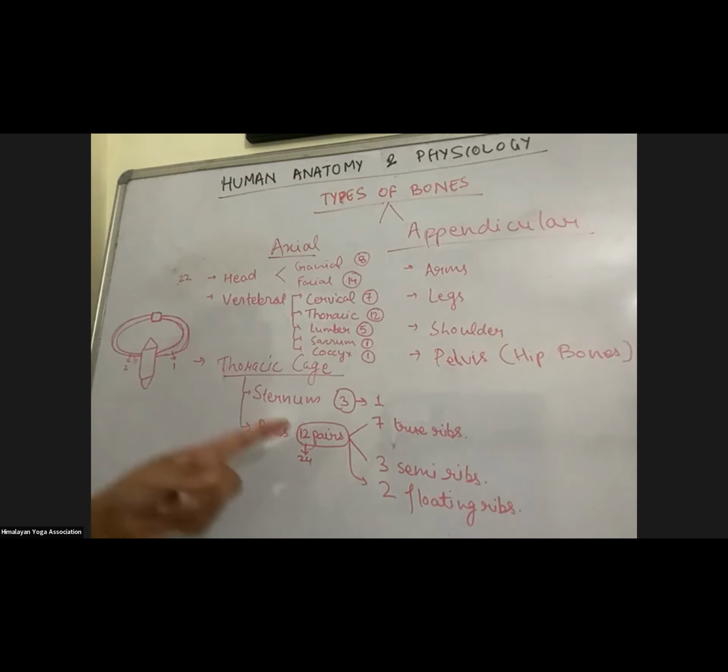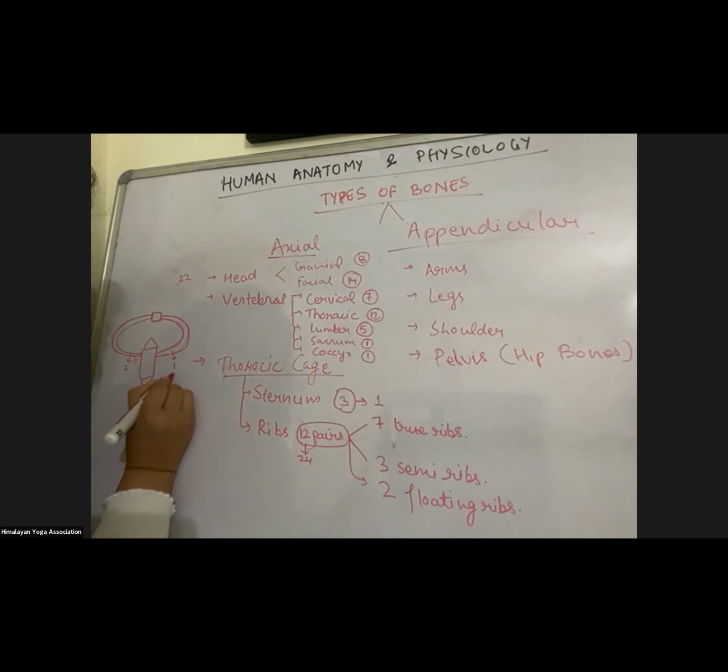7 pairs are connected to sternum directly. That's why they are called true ribs. Then there are some ribs which are like, suppose this is the last pair. This is the first pair and this is the 7th pair.